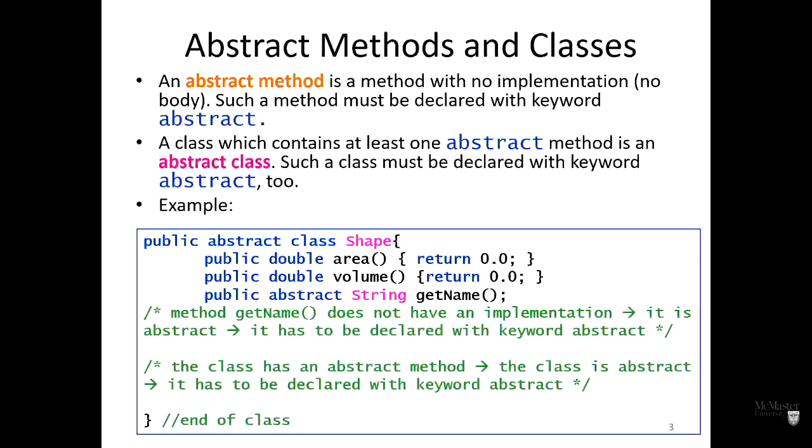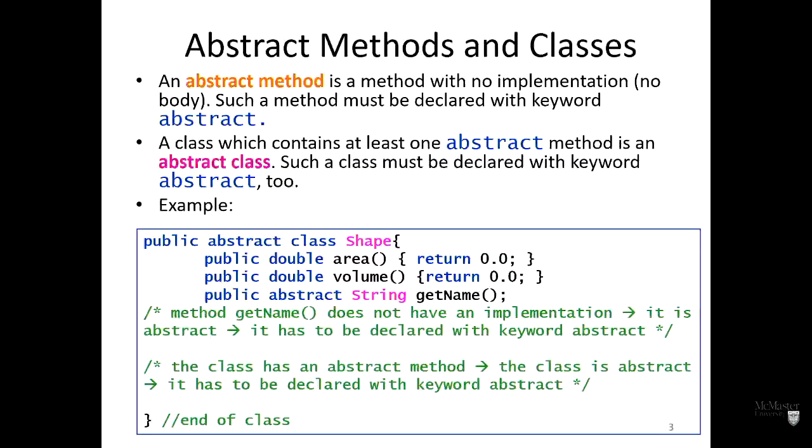In my main, for example, I can say myShape.getName, right? Because this is a method that is public. I'm able to access it. But getName has no implementation, right? And we know that because it's an abstract method, it has no implementation. So what does it mean to say myShape.getName? You cannot do this, right?